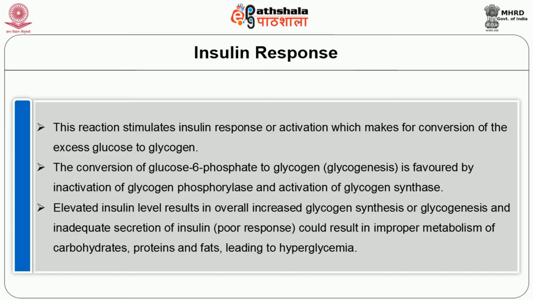The conversion of glucose 6-phosphate to glycogen is favored by inactivation of glycogen phosphorylase and activation of glycogen synthase. Elevated insulin level results in overall increased glycogen synthesis, or glycogenesis, and inadequate secretion of insulin could result in improper metabolism of carbohydrates, proteins and fats, leading to hyperglycemia.